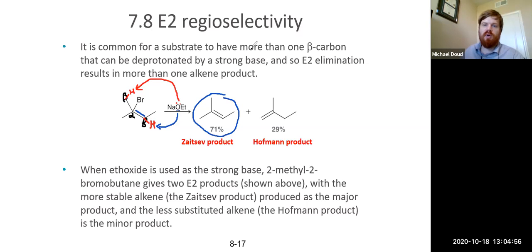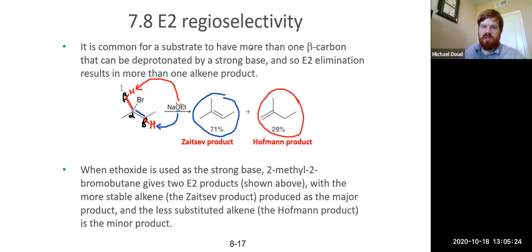Now, if it deprotonates the less substituted beta hydrogen, excuse me, that's going to clearly produce a different type of pi bond here. This is what we call the Hofmann product. So to determine which one's the Zaitsev and which one's the Hofmann product, deprotonating the more substituted beta carbon gives you the Zaitsev.